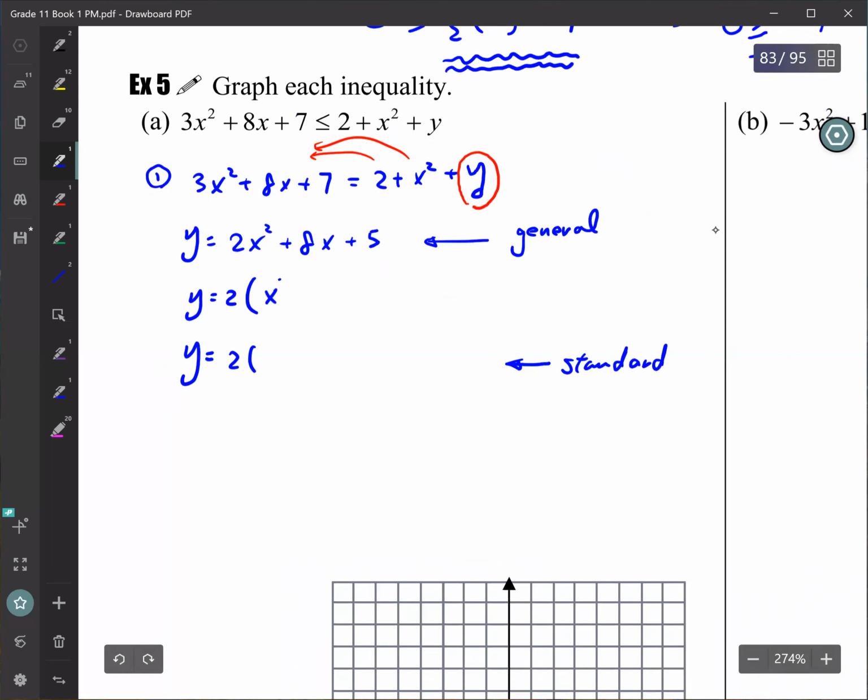What's inside? x squared plus 4x plus 4. And on the outside, to counterbalance it, you put minus 8. So then it becomes 2 bracket x plus 2 close bracket squared minus 3 equals y.